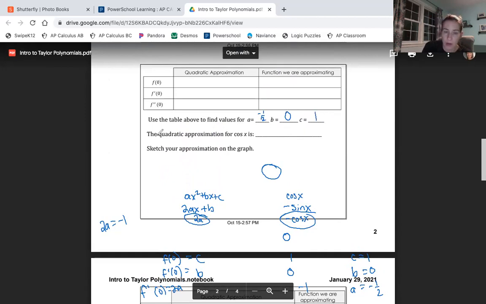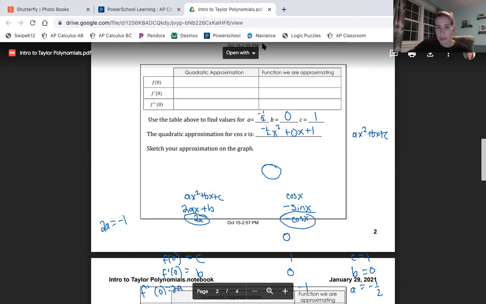The quadratic approximation for cosine: remember that a general quadratic equation is ax squared plus bx plus c. So we fill in the a, b, and c that we found. Now we know that our quadratic approximation is -1/2 x squared plus 0x plus 1.